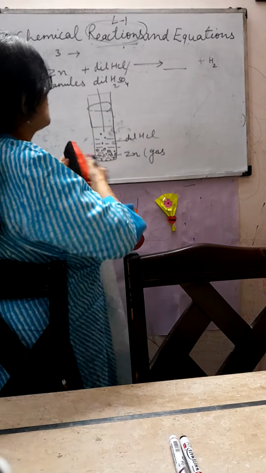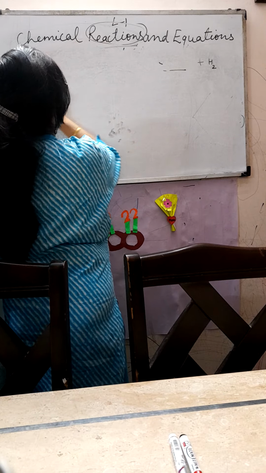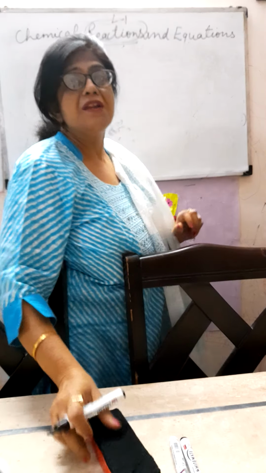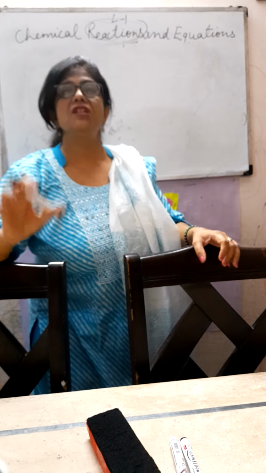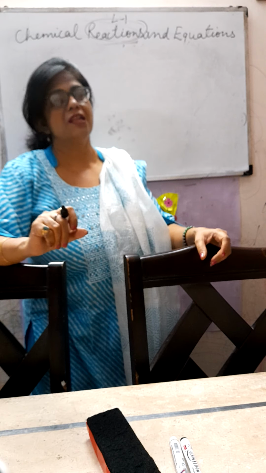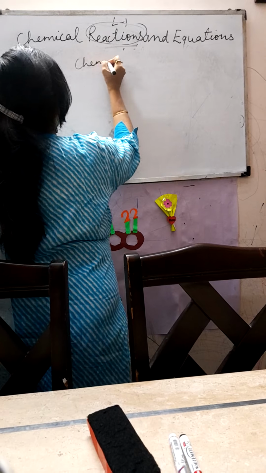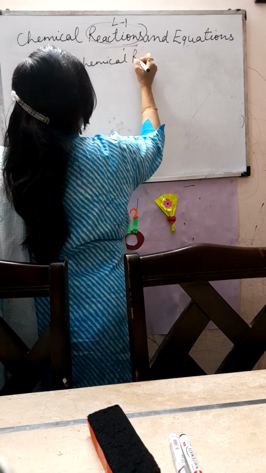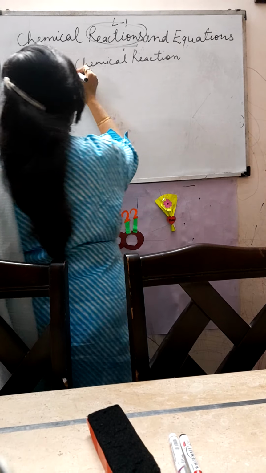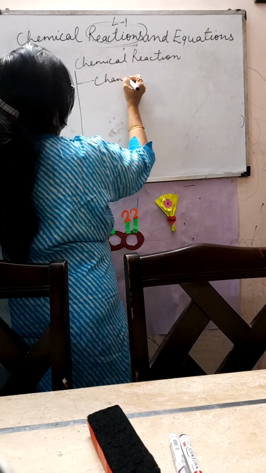Then, ultimately, in a nutshell, we can say that whenever a chemical reaction is taking place, what are the changes? Write down the 4 changes which take place, how you can find out that there is a chemical reaction taking place. So, 4 points. Chemical reaction means these changes are there. One or the more changes will be there. Number 1, change in state.